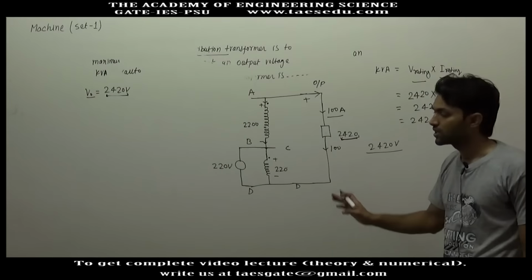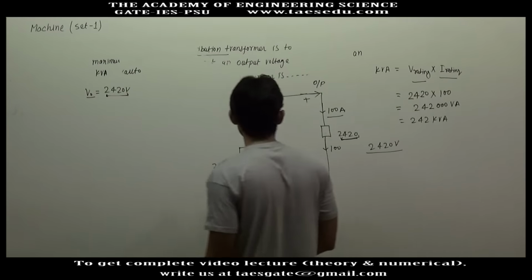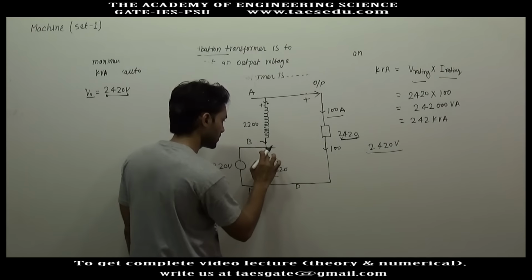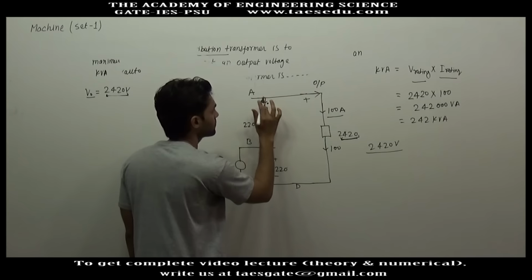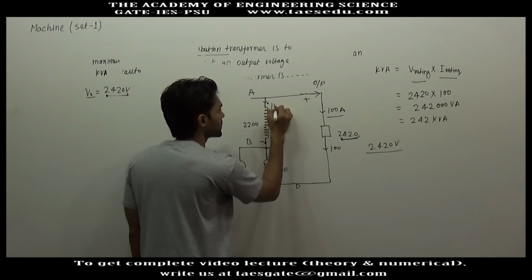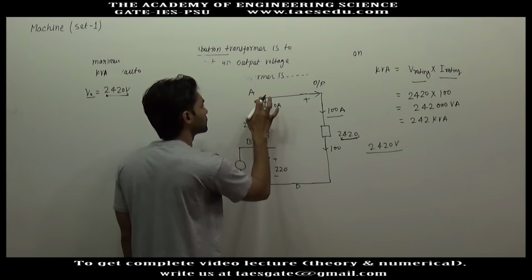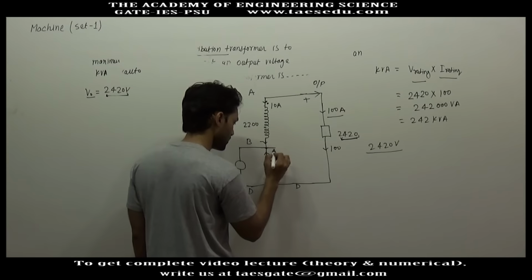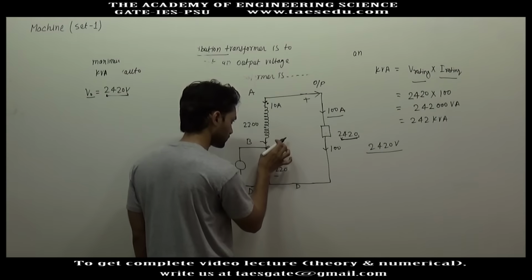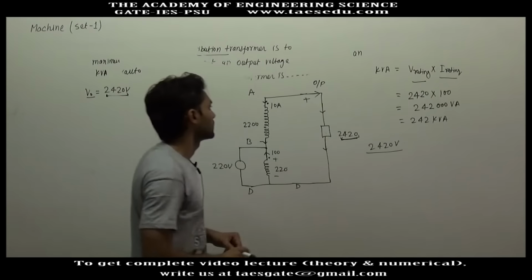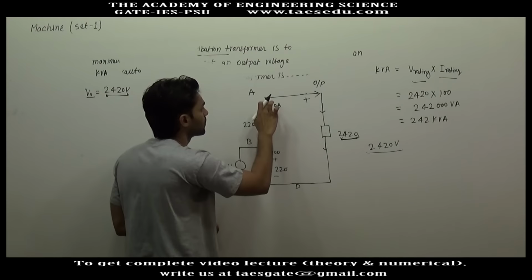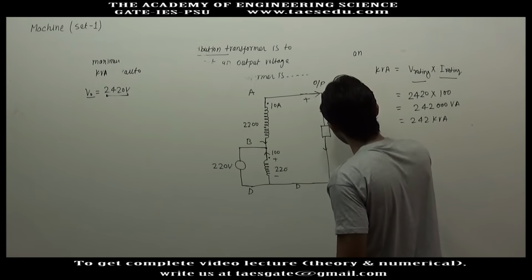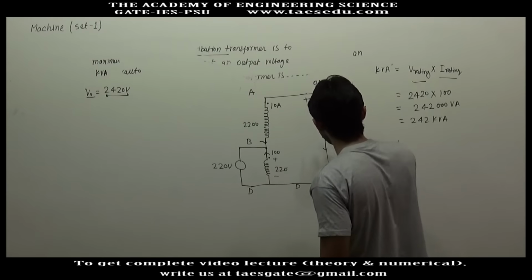Now let us try to find out the kVA rating of this transformer. For the kVA rating, we will give the maximum current to any of these two windings. Let us again say the maximum current 10 ampere is flowing through this winding. If 10 ampere is entering into the dot, 100 ampere will leave from the dot. Or for better reference, we have a habit that current flows into the load.